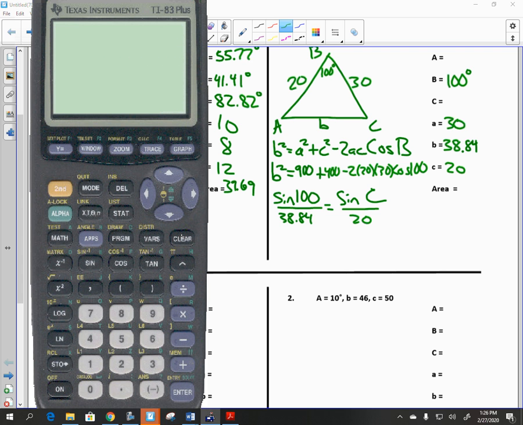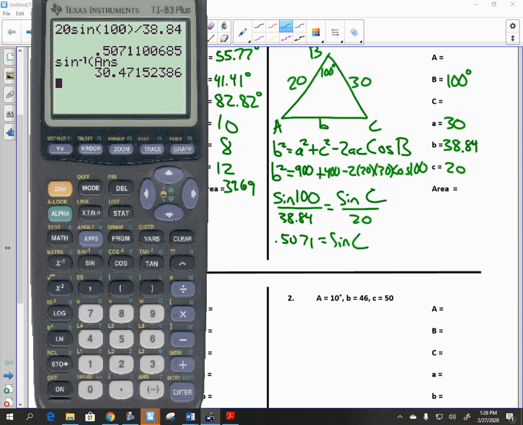Multiply both sides by 20. 0.5071 is equal to sine of C. What do I do? Inverse that bad boy. 30.47. How do I find angle A?